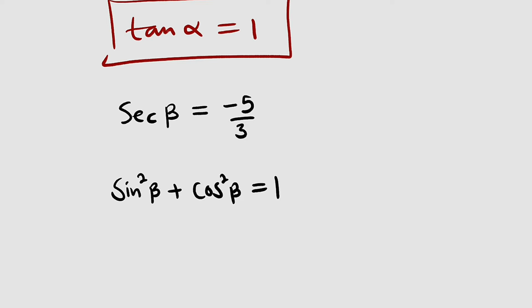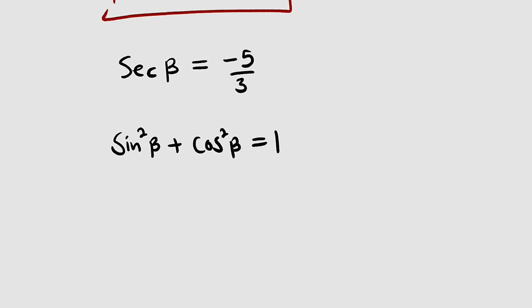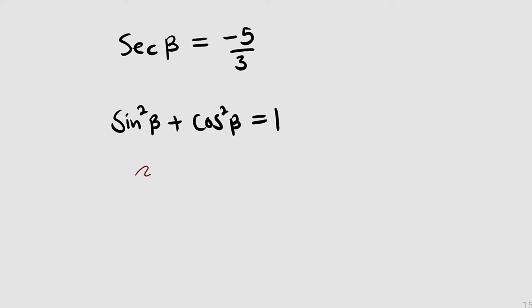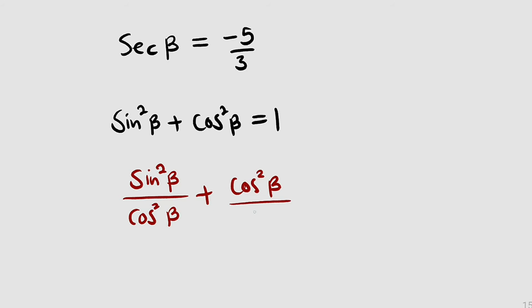And we know that if we divide sine by cosine, we obtain tangent, and if we divide 1 by cosine, we obtain secant. So now let us divide each of these 3 terms by cosine squared beta. So we have sine squared beta divided by cosine squared beta plus cosine squared beta divided by cosine squared beta, equal to 1 divided by cosine squared beta.